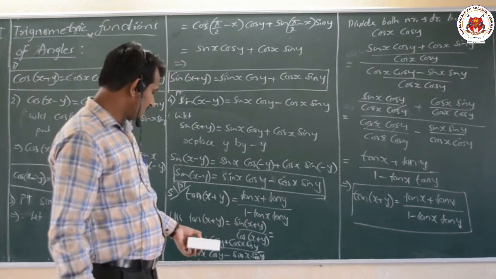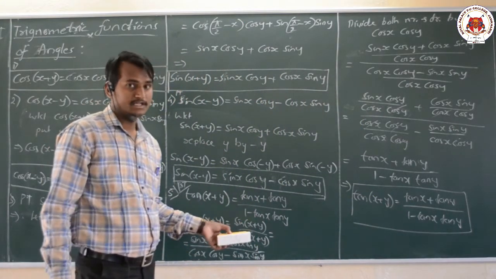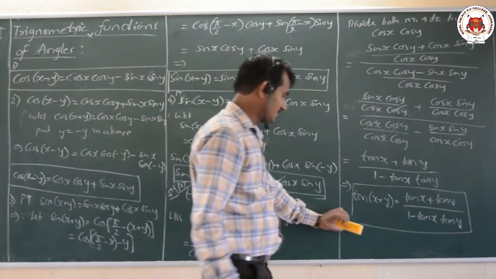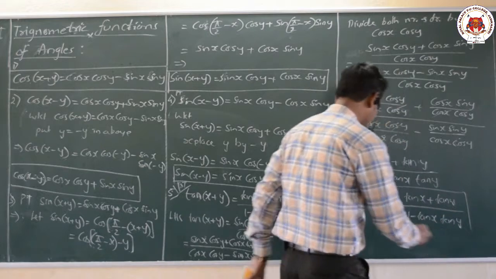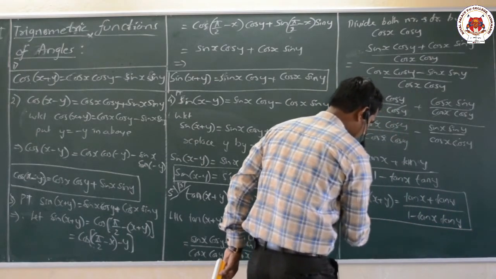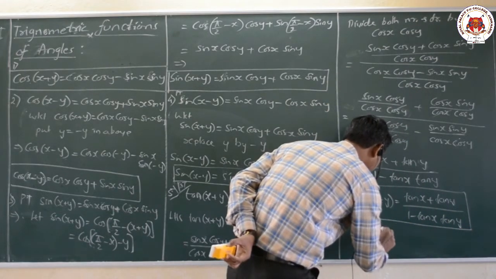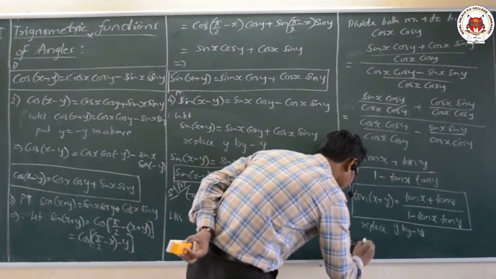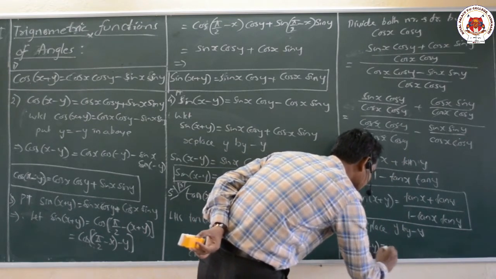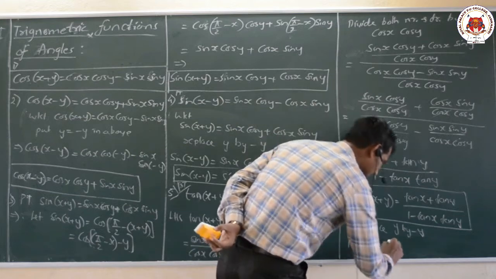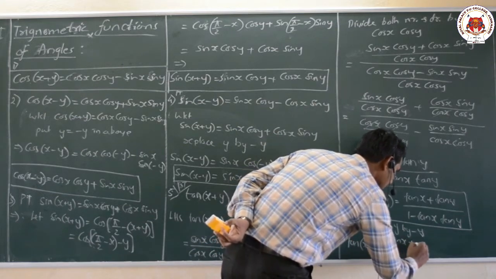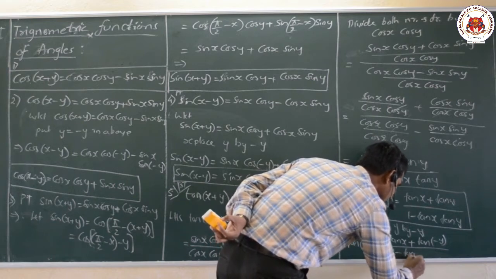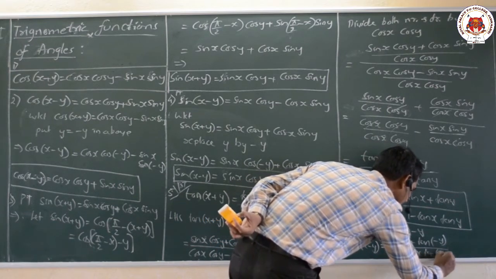Now similarly students, I can prove tan of x minus y also just by replacing y by minus y. If we replace y by minus y, that implies tan of x minus y is equal to tan x plus tan of minus y whole divided by 1 minus tan x into tan of minus y.